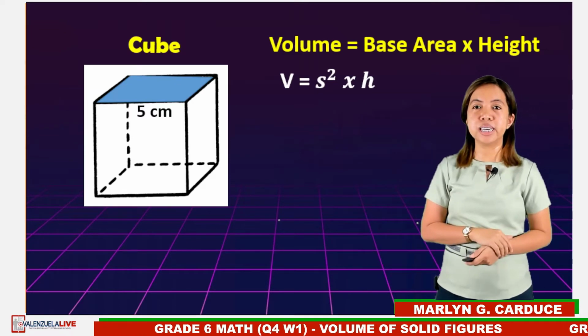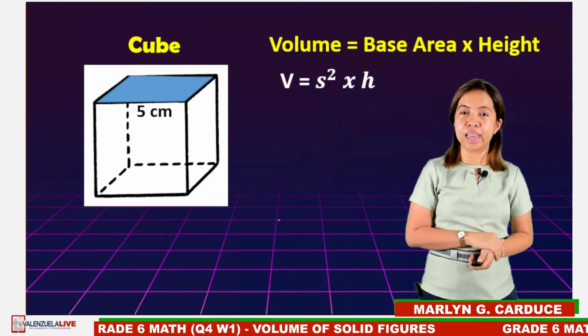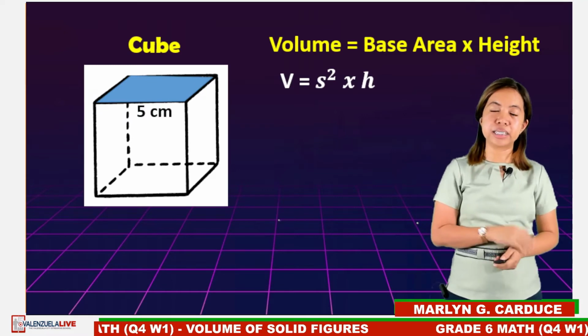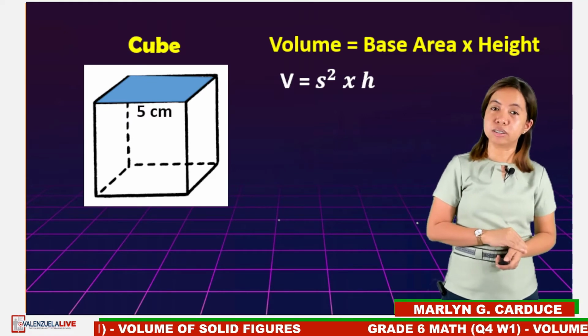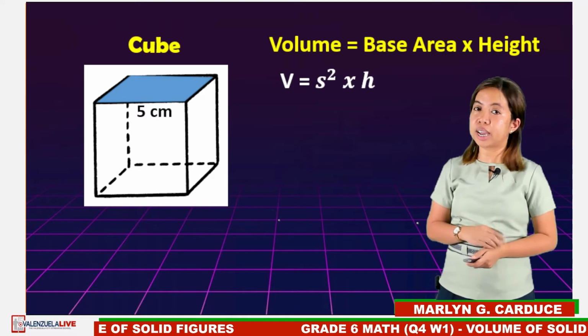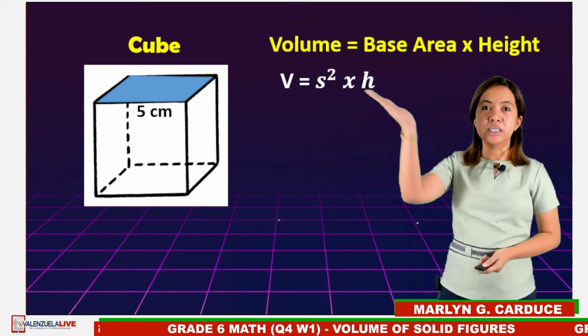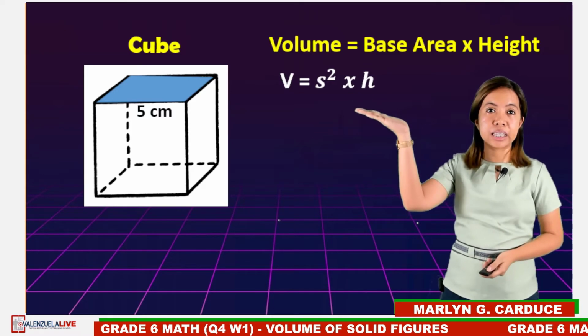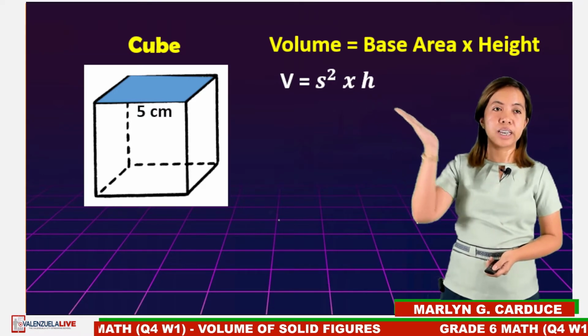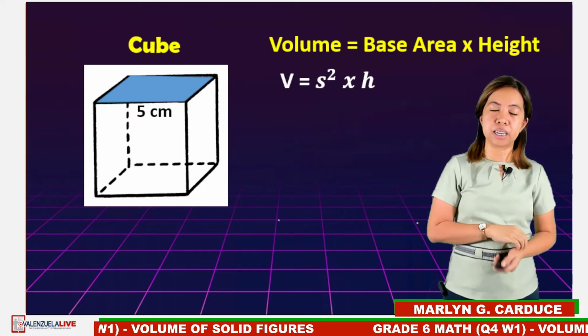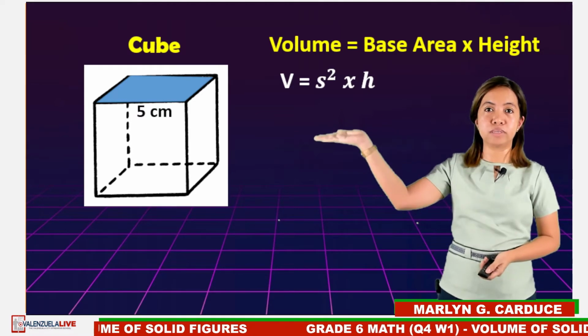As you can see, we all know that the cube has a characteristic that all edges or all sides have the same length. So we can now say that the height in this formula can also be named as the side of this cube.